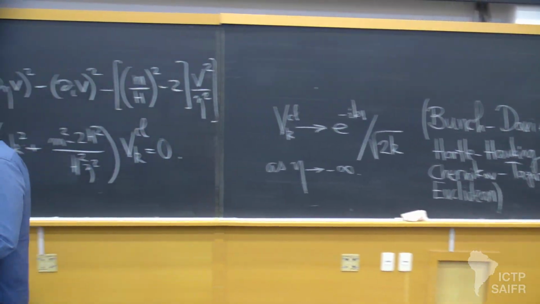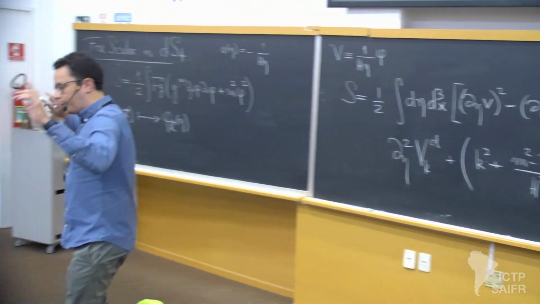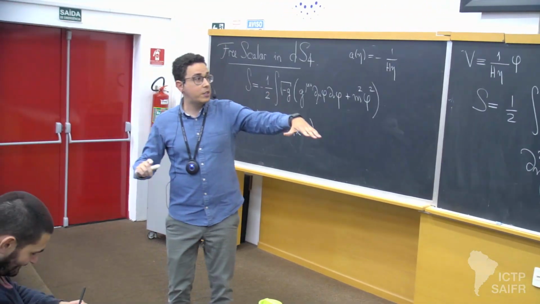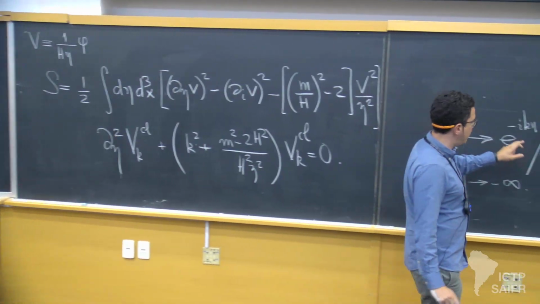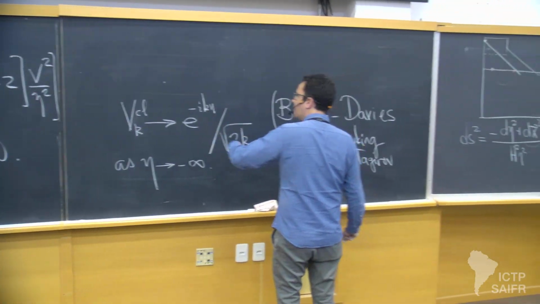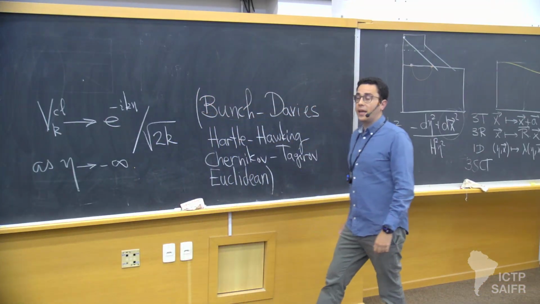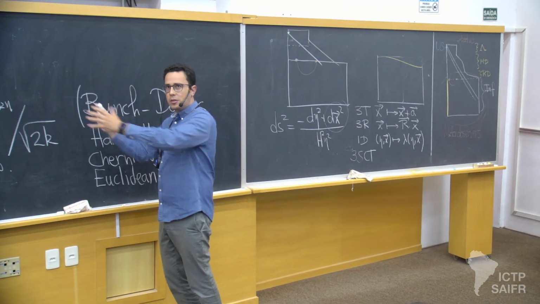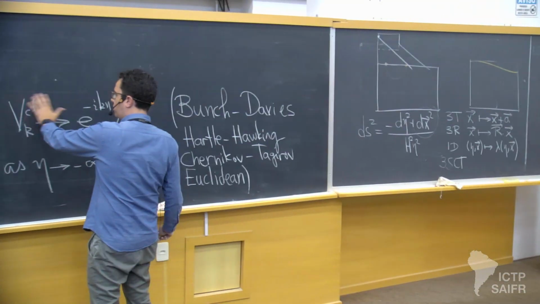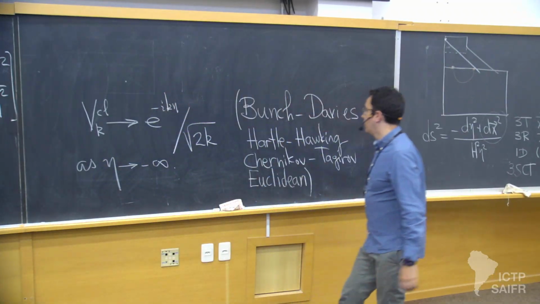So that's if you were to go into Euclidean signature, or to Euclidean AdS, then regularity at large z fixes the propagator, and the propagator that you would get from the Euclidean signature, Wick rotated, would match with this sort of quantization condition, okay?